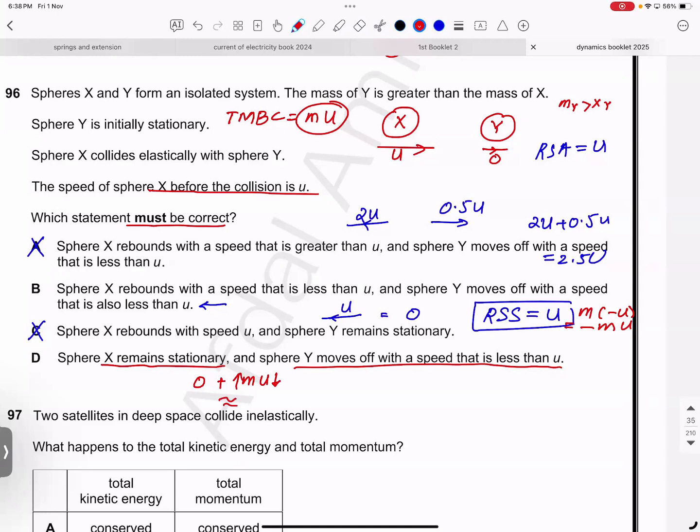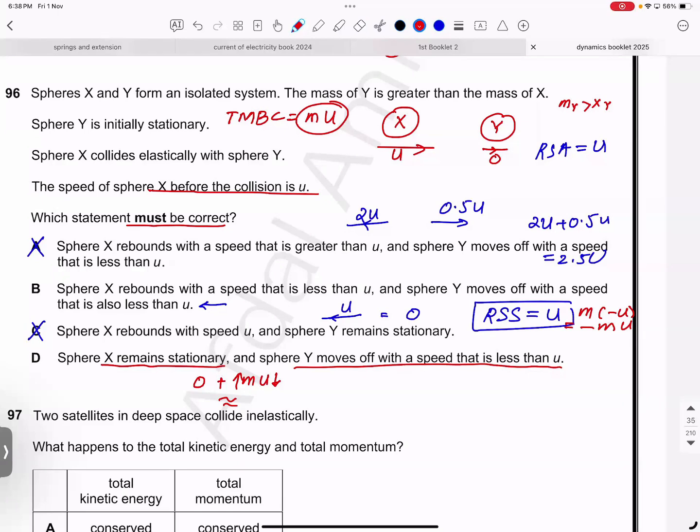Now the idea is something else, my dear. When a light object hits the heavy target, there are only two options. Either the target will stay stationary and the light will rebound, or the target starts moving forward and X rebounds.